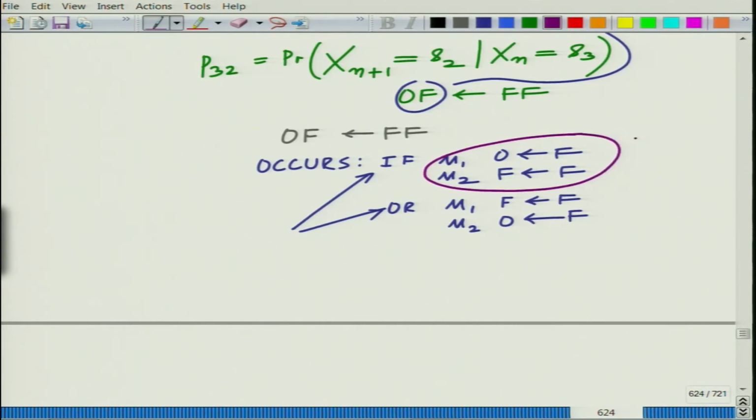Going from faulty to operational, that it can be repaired, has probability 0.9.